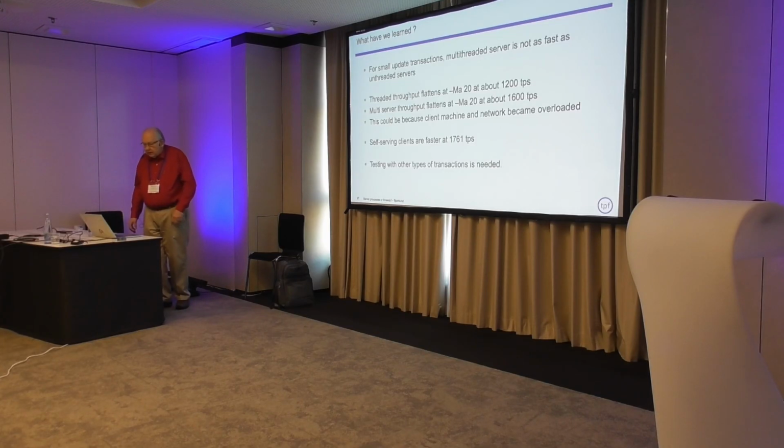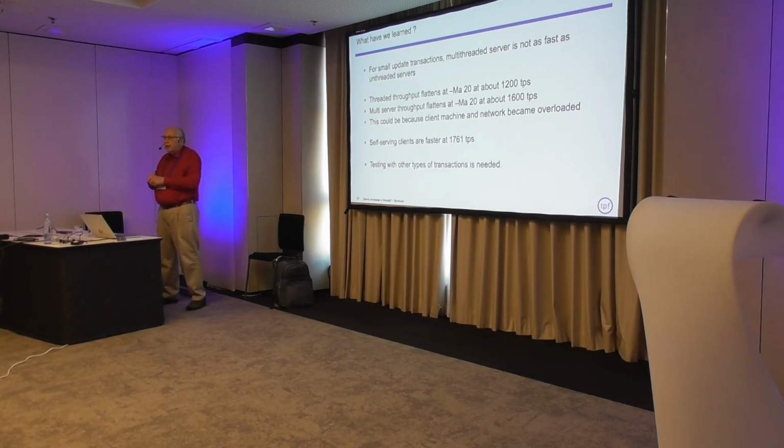So the self-serving clients are still faster than the network clients, although I have observed test results in the past where they were close to equal. But that was some years ago with slower hardware. Anyway, that's what I've learned so far from these tests with the multi-threaded server.